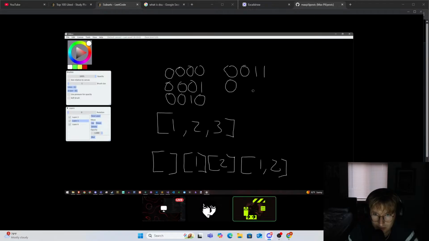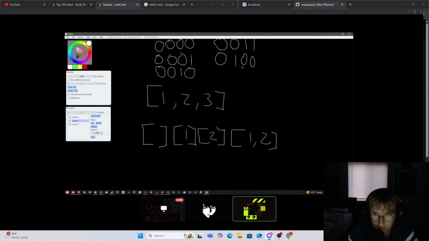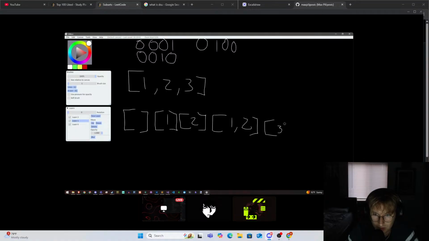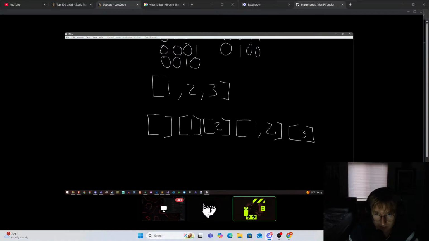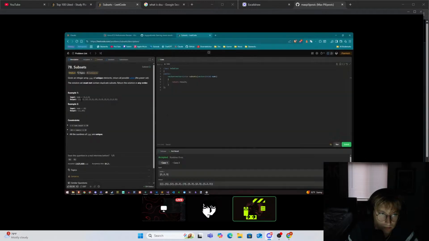And then we'd go on. I'm sure that you get it at this point, but just to be exhaustive, I'll do one more example. So then this would just give us 3. Okay. And if you look, empty, 1, 2, 1 2, 3, you can see empty, 1, 2, 1 2 3. That's the first numbers that we have here. Yeah. It can be returned in any order, but this is the order that they're returning it in.